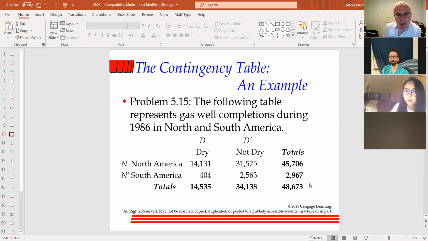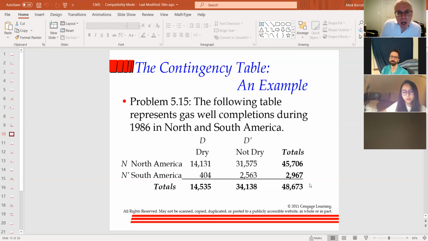Notice what I said. If I picked a dry well at random, so that is a conditional probability. When I say I picked a dry well at random, that's the knowledge. What I've done now is limit the sample space from 48,673 to 14,535 by saying that.